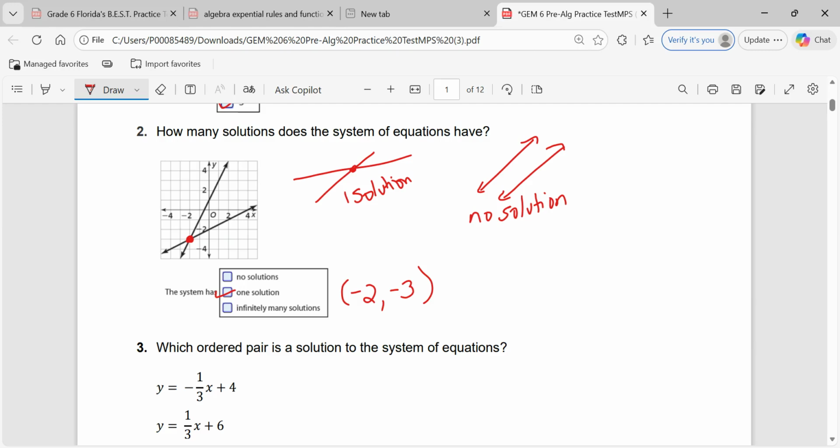Also keep in mind that if you have two functions that are exactly the same, so maybe it's y equals 3x plus 2, and you're graphing the other one, which is also y equals 3x plus 2, because they end up being the same line, then we're going to have many solutions because every point they're going to have in common. And that's what many solutions look like. Many solutions to the system.